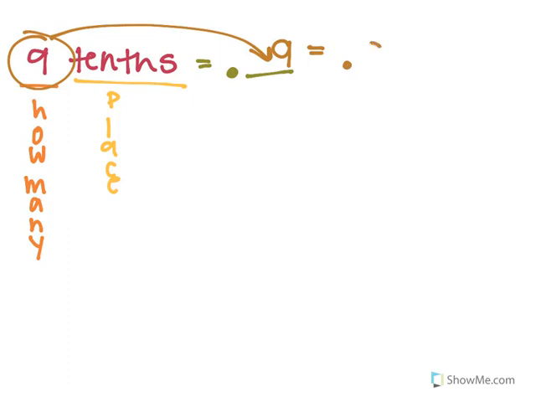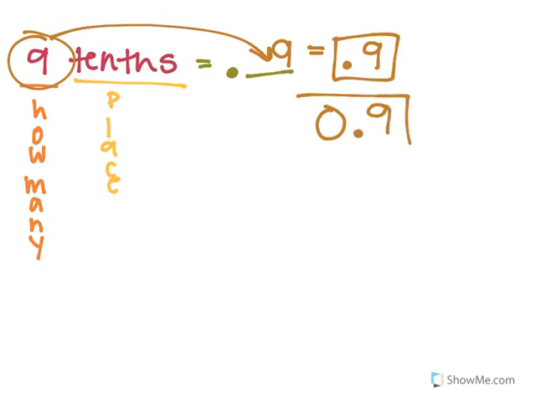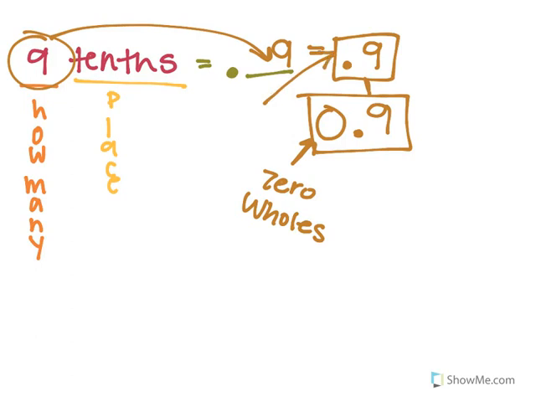So it becomes 0.9 or 9 tenths. If you want, you can also do 0, meaning I have 0 wholes, and then 9. That works too. Either one, these are the same exact thing. This is just showing there are 0 wholes. Because there's no 0 here, we just automatically assume there's no wholes. Either way works.